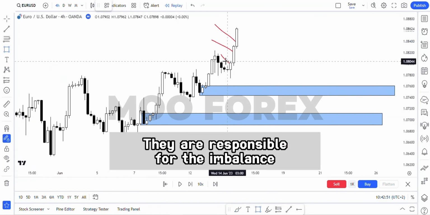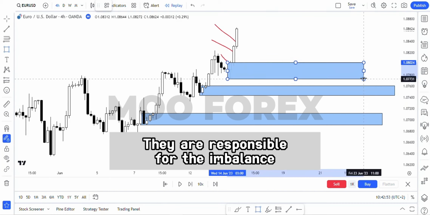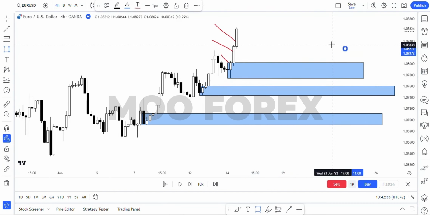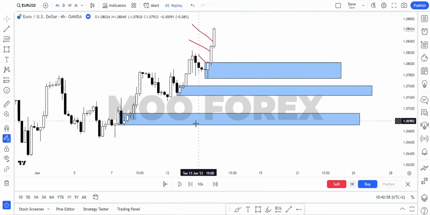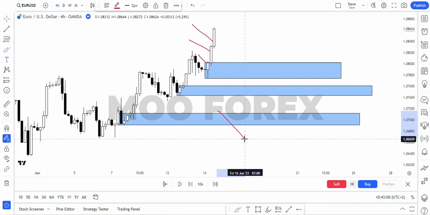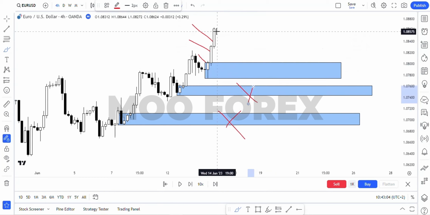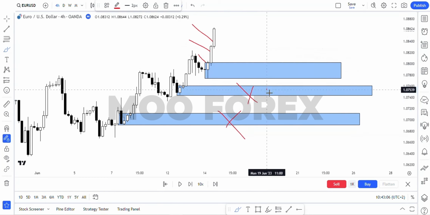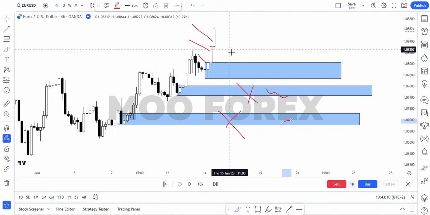So if you place a buy limit order at the old levels, you cannot use these two levels anymore, because we have a new imbalance. If you buy there, that means the market is not trending up anymore when price comes back to this level. So you have to work with the recent level.